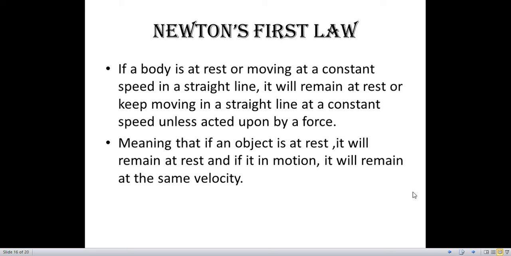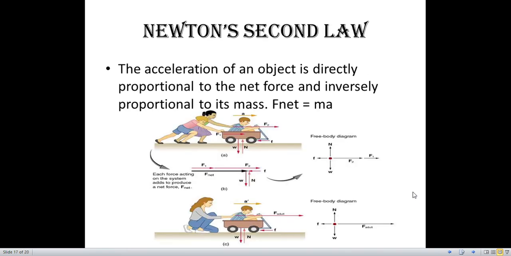And then let's look at Newton's second law. Newton's second law states that the acceleration of an object is directly proportional to the net force and inversely proportional to its mass. In this case, what it means is that an object will remain at rest unless a force is applied on it. What you should know about Newton's second law, what is very important, is this formula here.